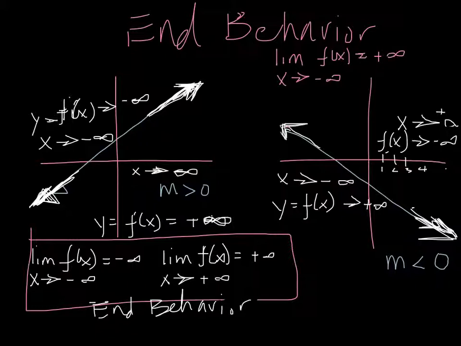On this right side, as my graph goes to the right, my f of x, or my y values, I'm still running out of room, Miss Andrews. Sorry. The limit as x approaches positive infinity of f of x equals negative infinity.